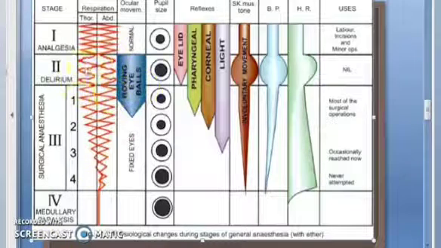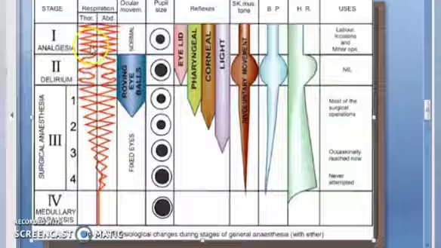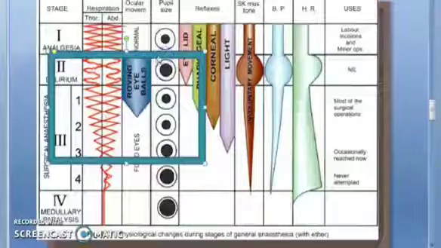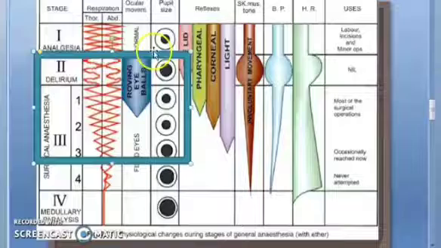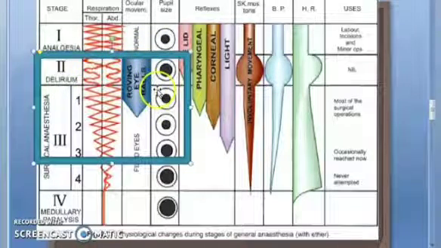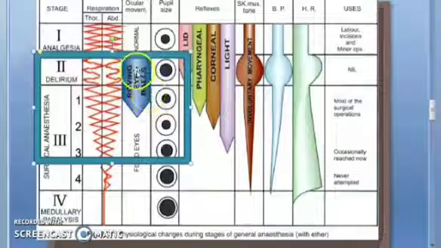In modern anesthesia, this delirium stage is very small, or very inconspicuous. Another thing you can notice in this delirium stage is roving eyeballs, the ocular movement.